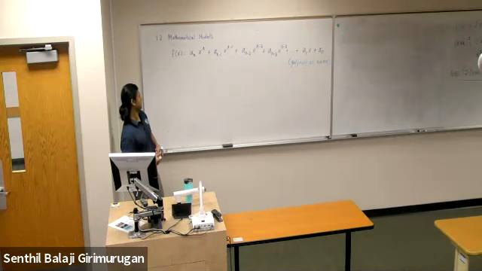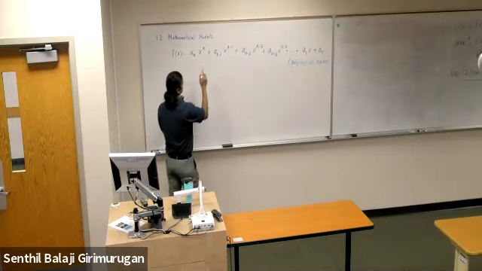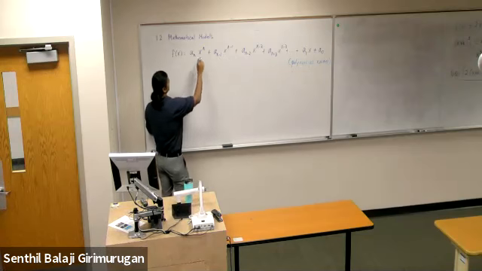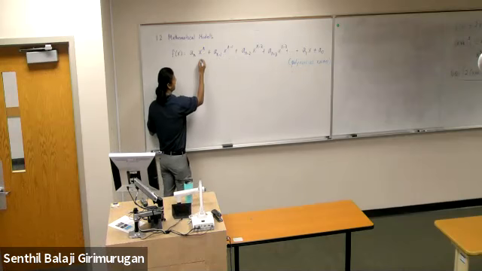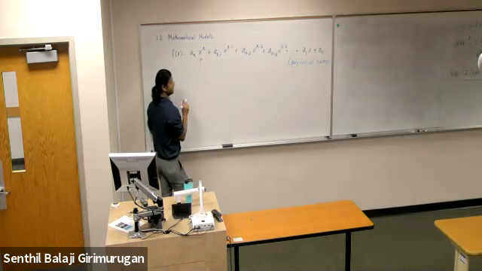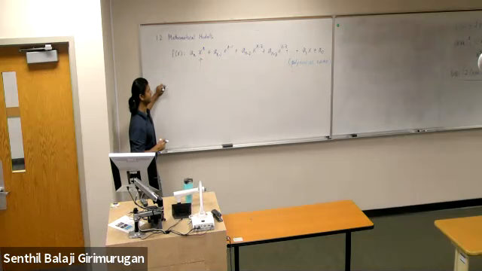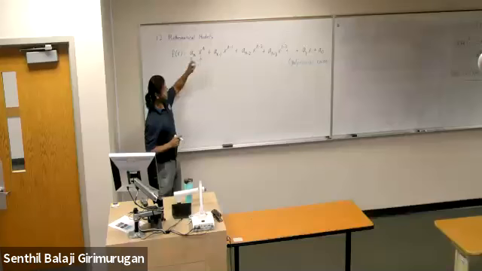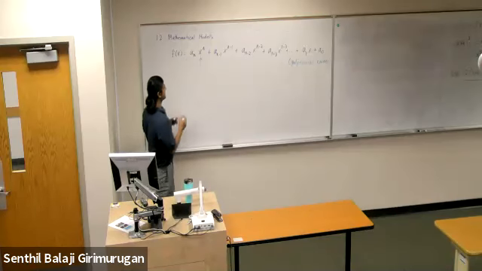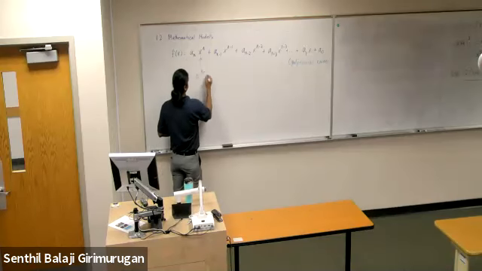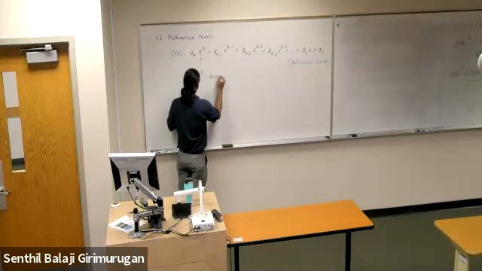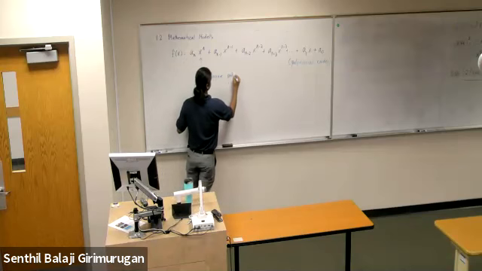How many terms do we have? We have n plus 1, but you look at the highest degree, and the highest degree will determine the degree of the polynomial. Here, n is the highest, so this is an nth degree polynomial.